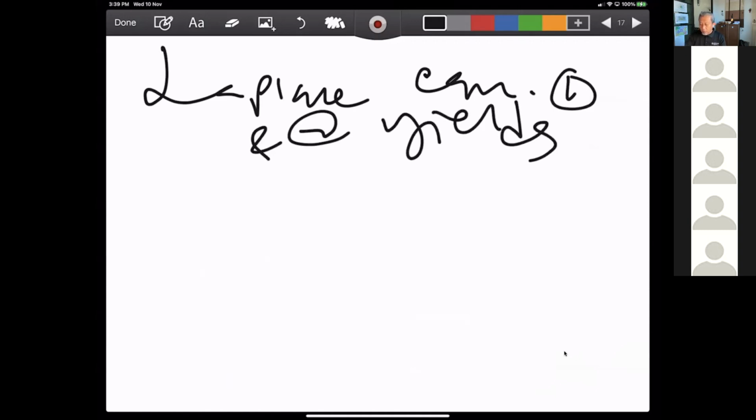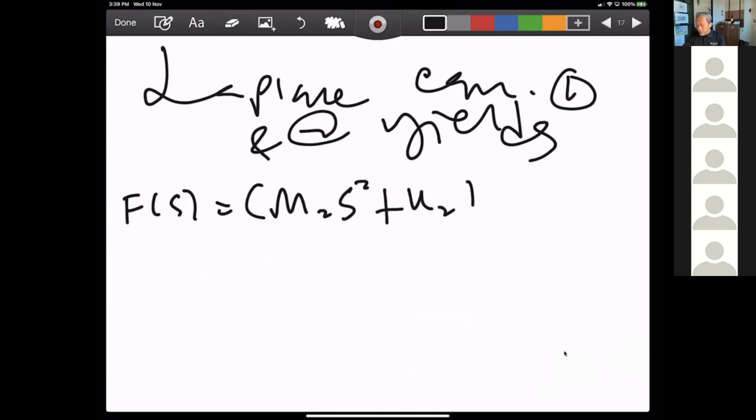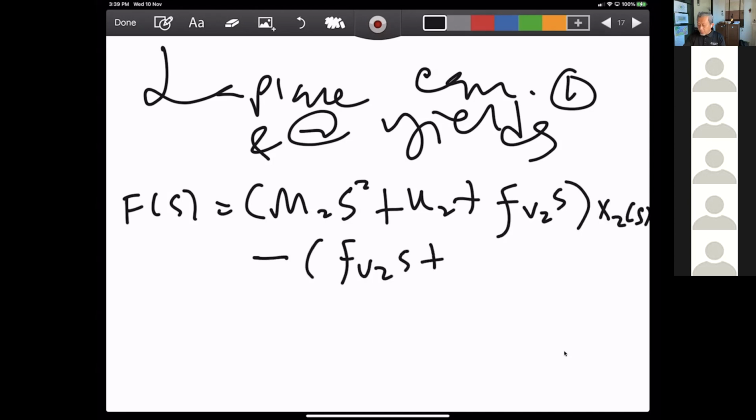So use Fs: (M2 S square plus K2 plus FV2 S) X2S minus (FV2 S plus K2) X1S. This is equation number 3.